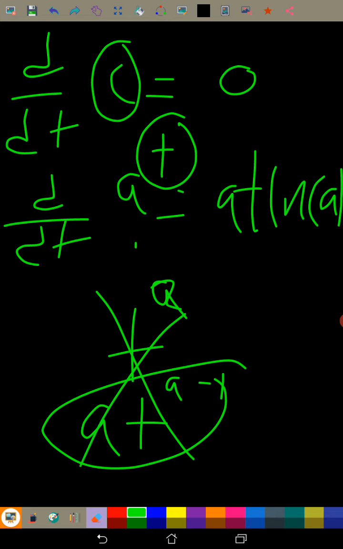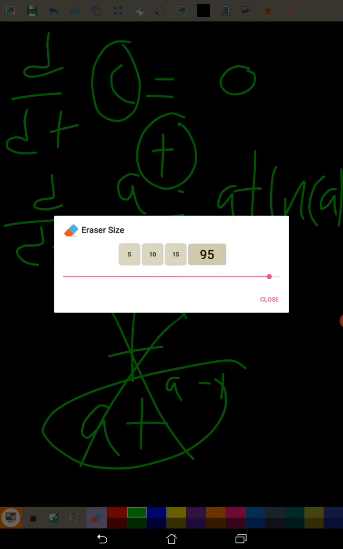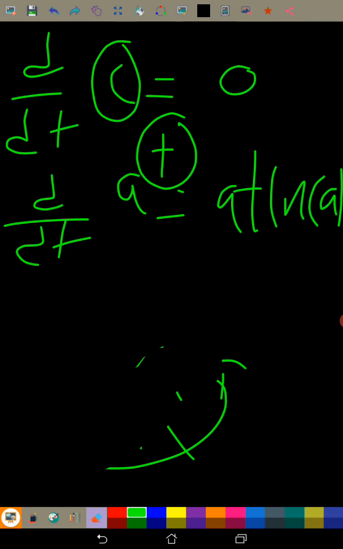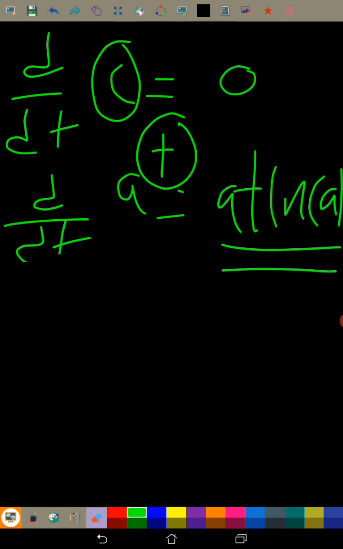That's how the power rule works, with respect to t, but here t is the power. So for that reason, it becomes a to the t times ln a.